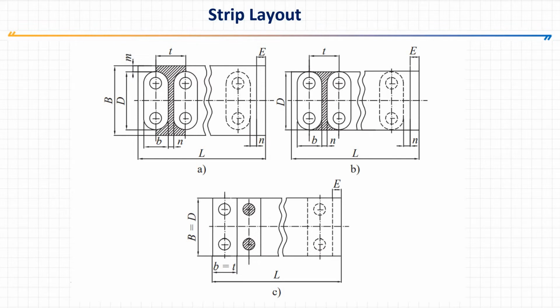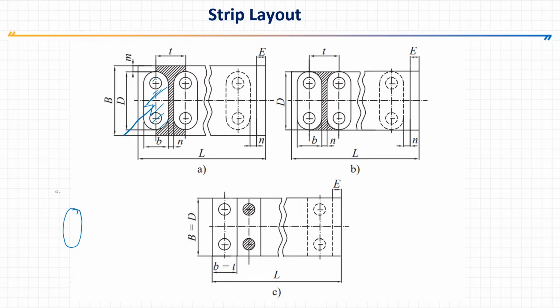Suppose we have a blank. You can see here, this complete portion is our blank, and here I am going to draw the same blank. For this blank, how much material should we keep, what should be the width of the strip we have to keep?